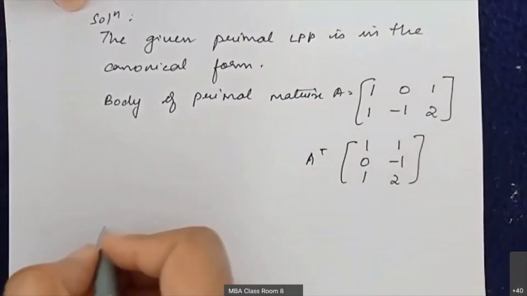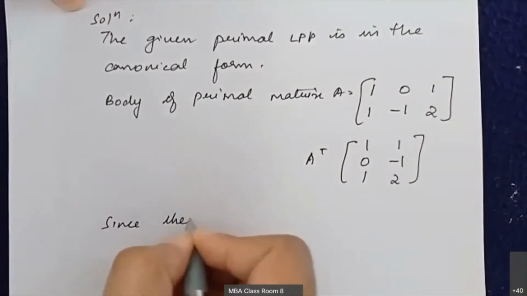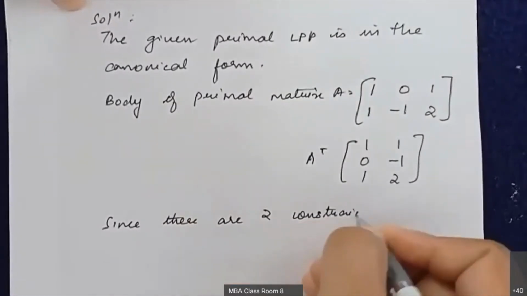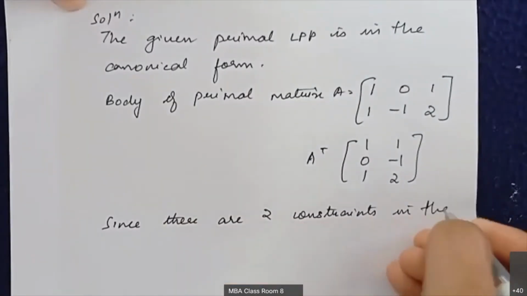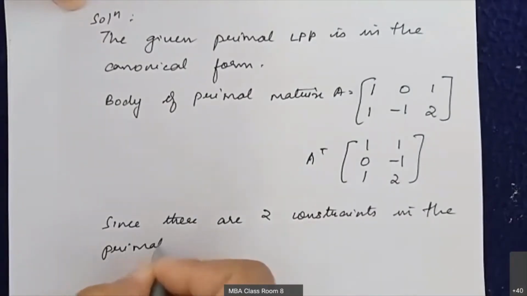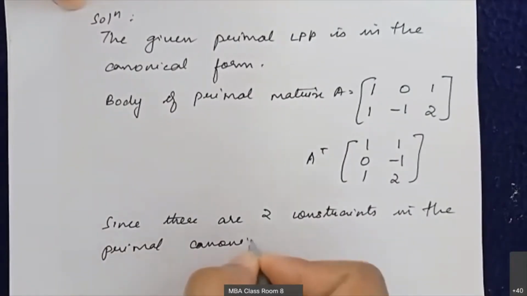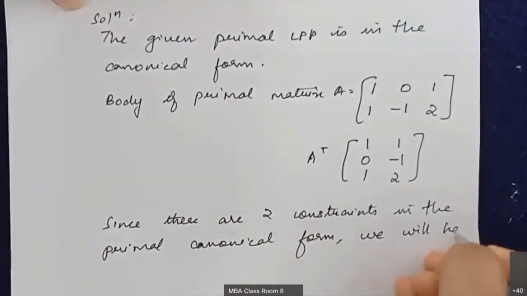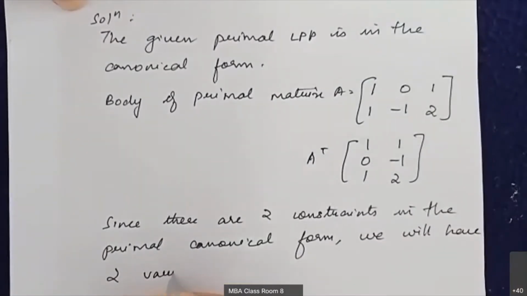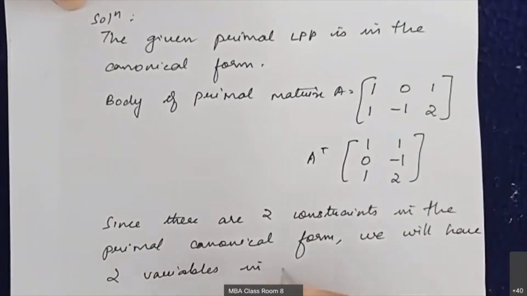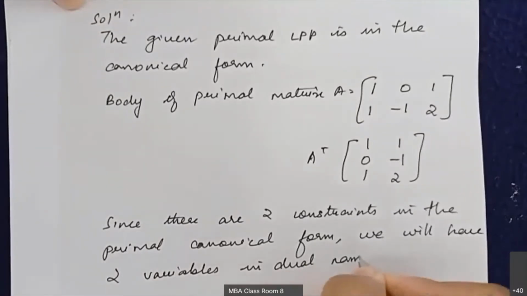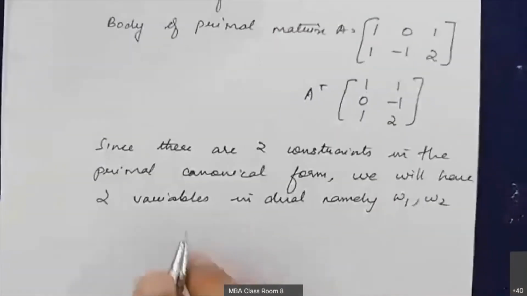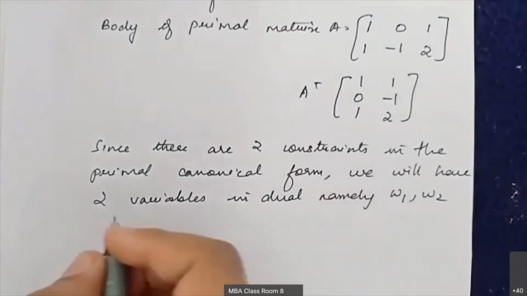Okay, so since there are 2 constraints in the primal canonical form, we will have 2 variables in the dual, namely I'm taking it as W1 and W2. Okay, so since we have all this, we can go for the dual now.